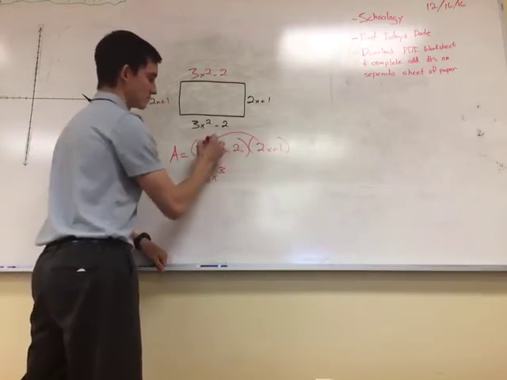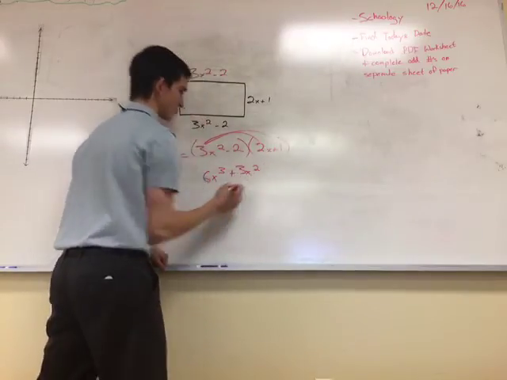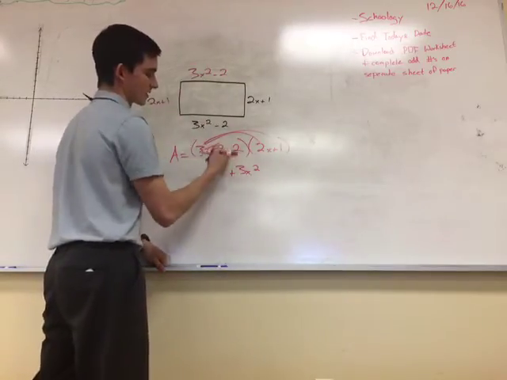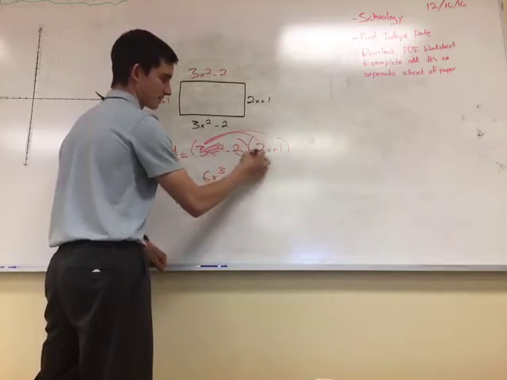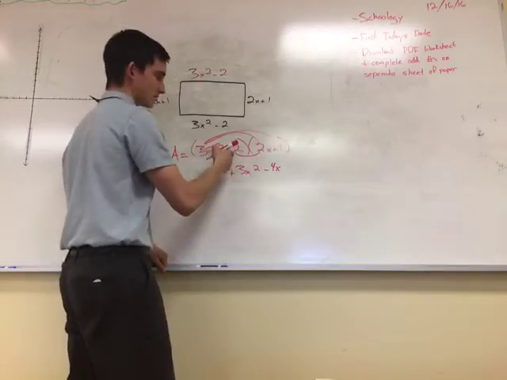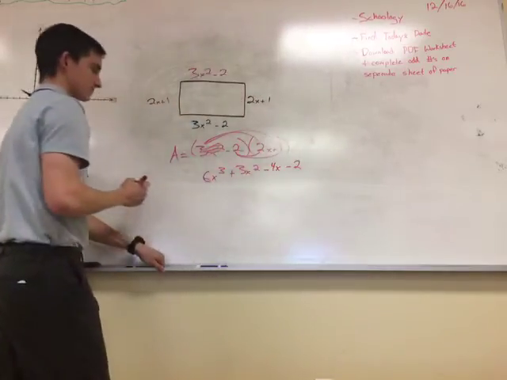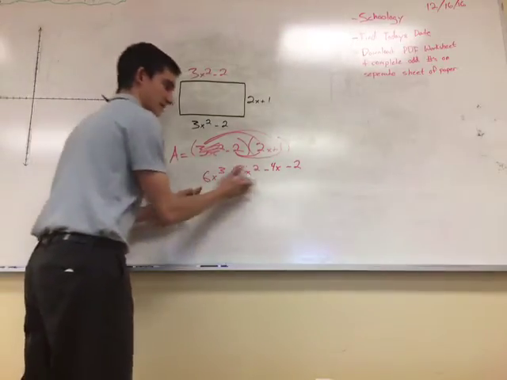So 6x cubed, and then 3x squared times 1 is plus 3x squared. All right, so I'm done using 3x squared. Now negative 2 times 2x is negative 4x, and negative 2 times 1 is negative 2.